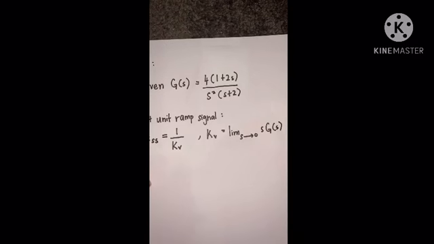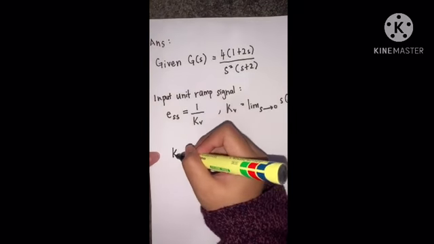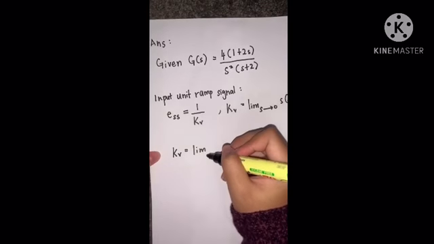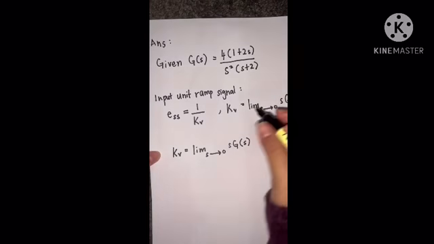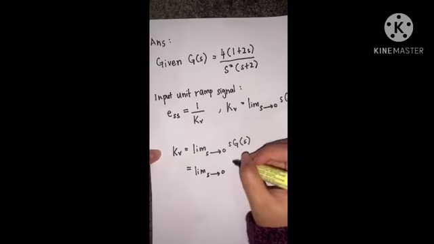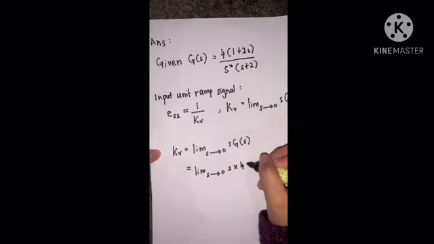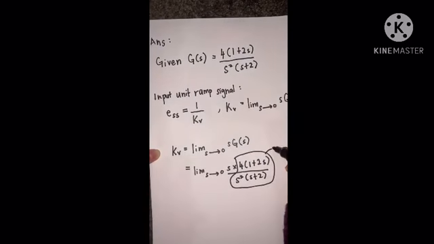The formula for velocity error coefficient is given: Kv equals limit s to 0 of sG(s). So from the equation, we put the information given in the question, which is the G(s) equation, into the formula. So we get limit s to 0, s times 4(1 plus 2s) in a bracket over s to the power of 2 times (s plus 2) in a bracket, which represents the G(s) that is given in the question.